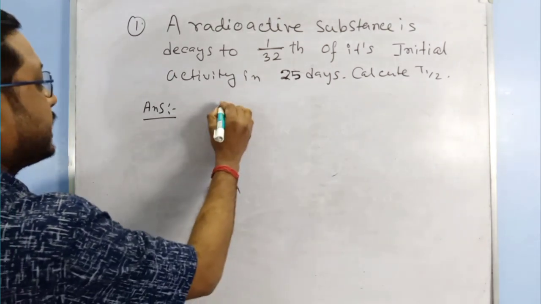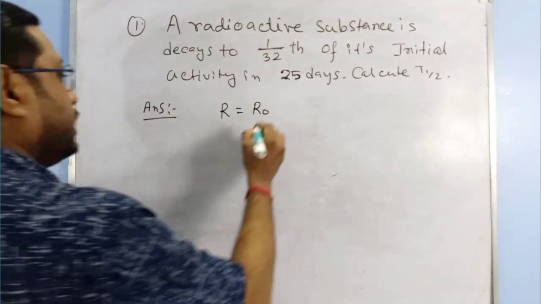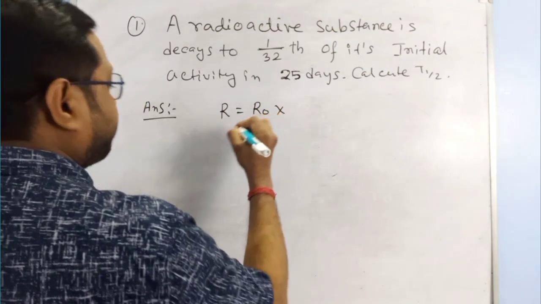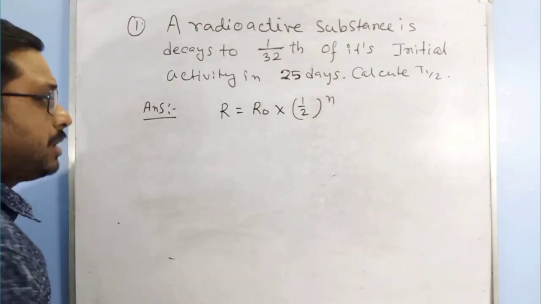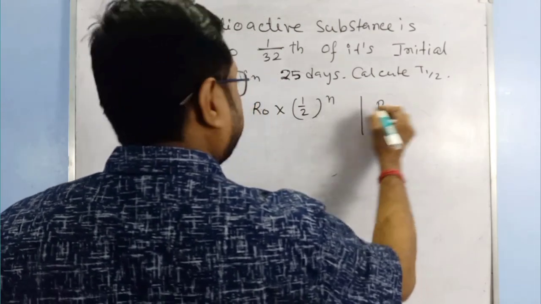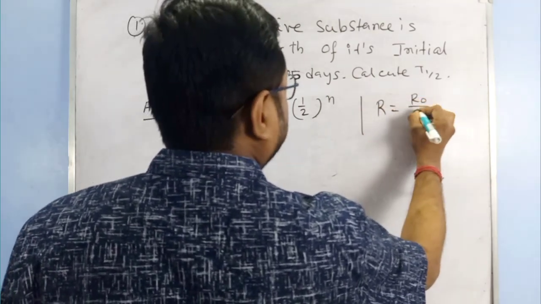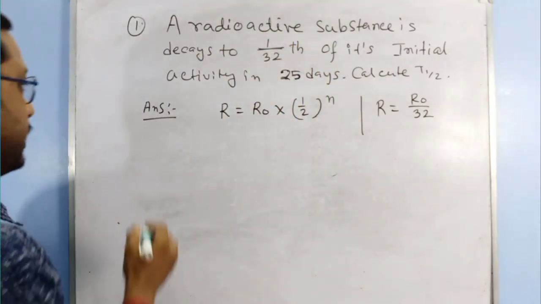So, we can know that R equal to R0 into half to the power n, or R by R0 equal to half to the power n. Now, what is R? R becomes R0 by 32, as it is said in the given example.